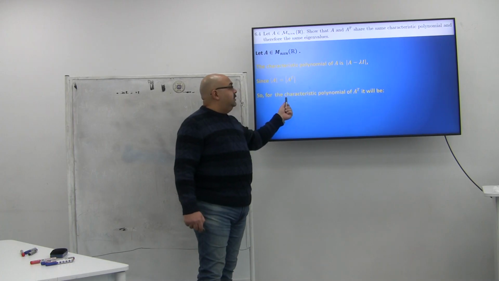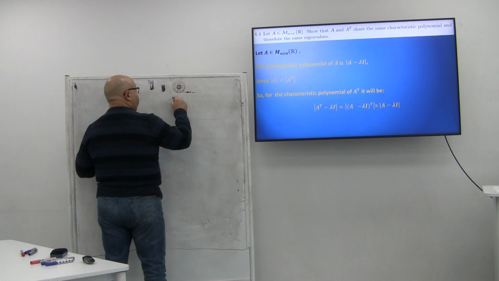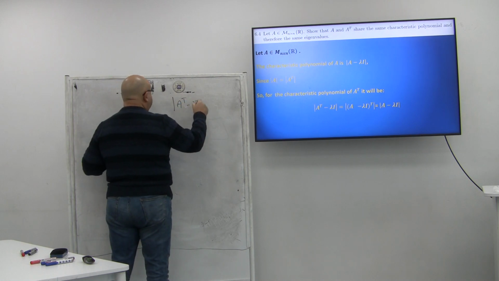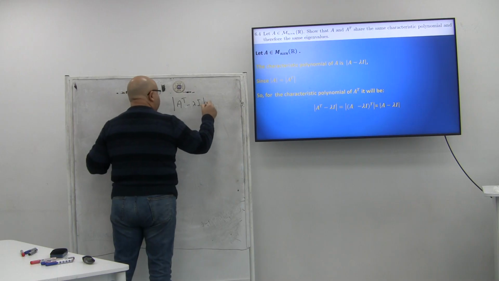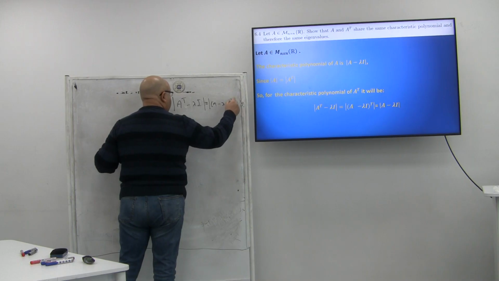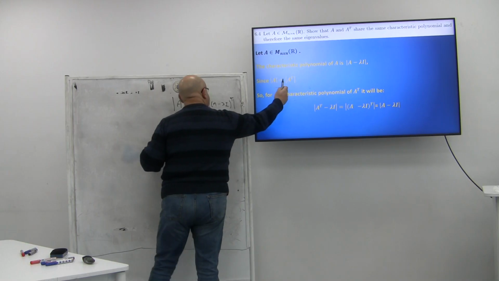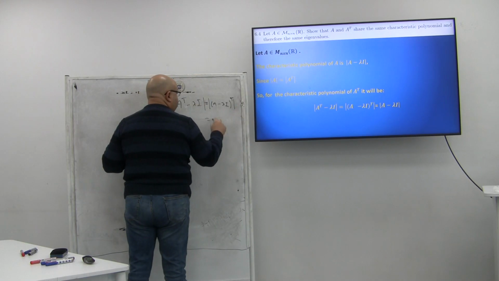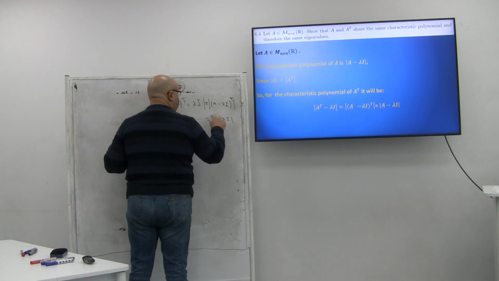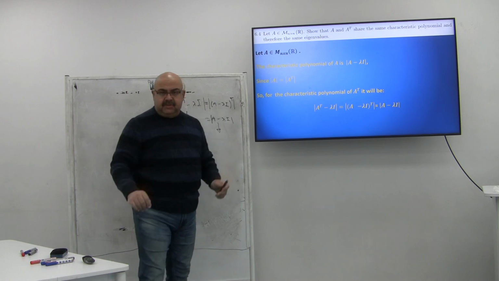Now I can write the characteristic polynomial of A transpose, which is the determinant of A transpose minus lambda I. It's exactly like getting the determinant of (A minus lambda I) transpose, and according to this property, it is exactly the determinant of A minus lambda I. So the solution of this equation is the same, and the eigenvalues will be the same.